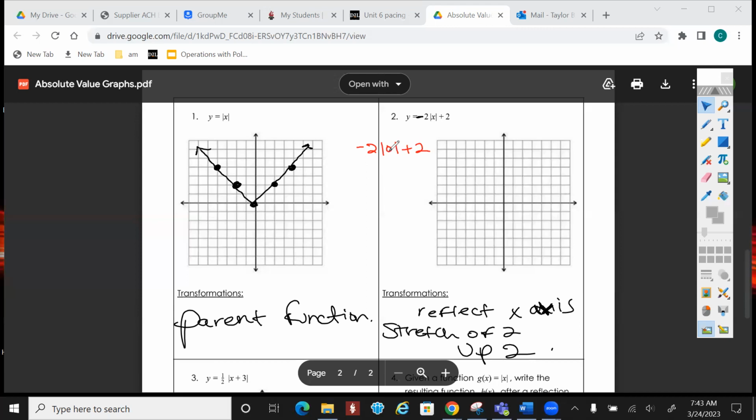It's just 0. 0 times -2 is just 0. 0 plus 2 would give me +2. If I take the number 2 and plug it into this equation, the absolute value of 2 is just 2. -2 times 2 is -4. -4 plus 2 is -2. So this will be a point 2, -2.